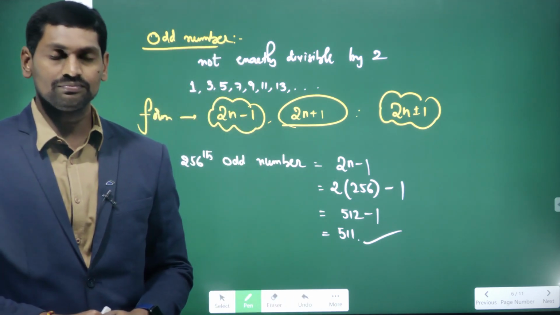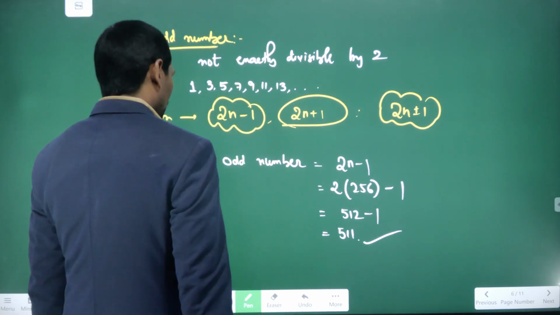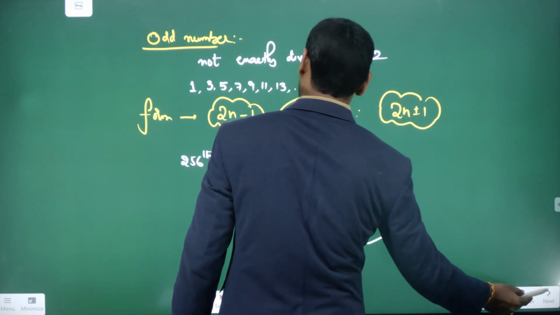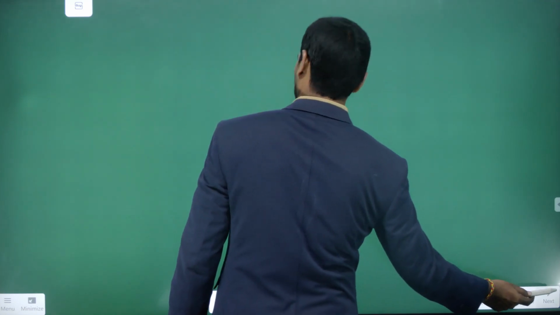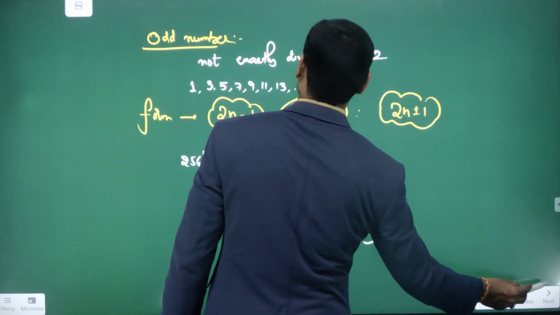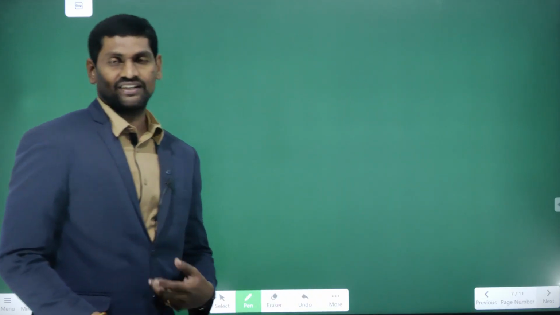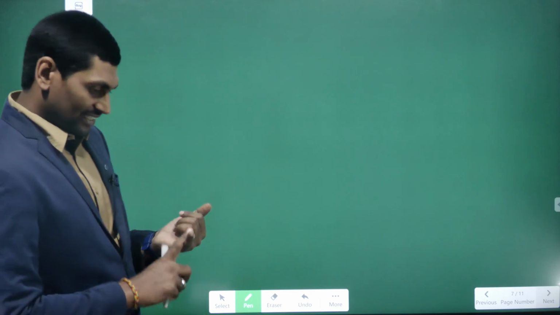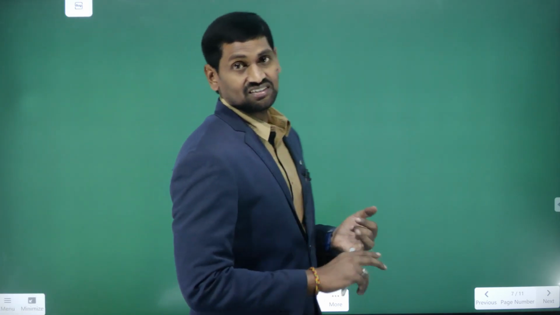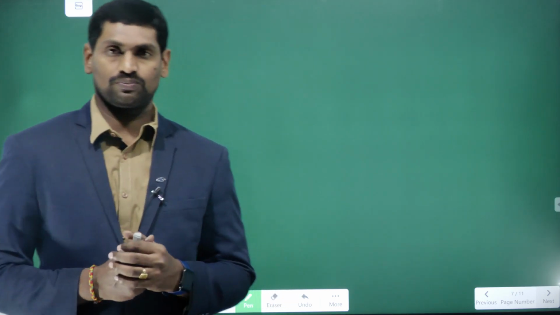Now coming to the next topic. We have discussed the predecessor, successor, even numbers and odd numbers. So let us take some examples based on this.